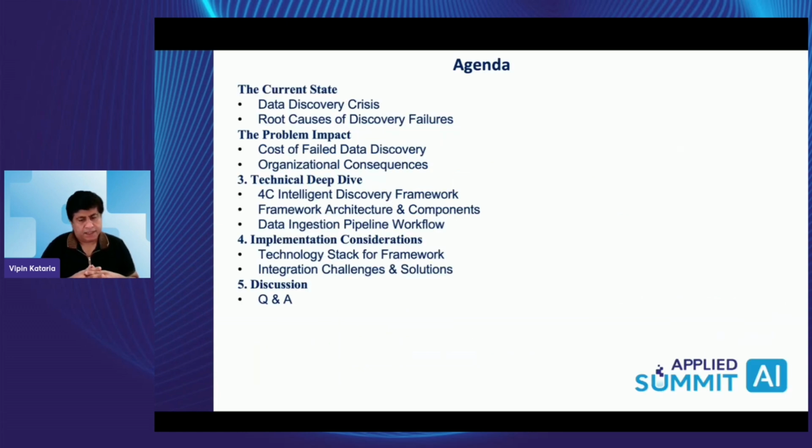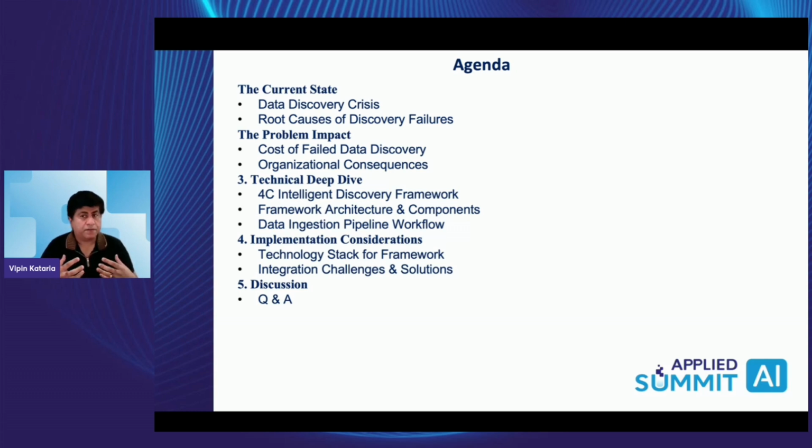So let's go over the agenda. Over the next 20-25 minutes, I'll go from problem to solution space. We'll start the journey with the current state around the data discovery crisis and some of its root causes, followed by the problem impact, which covers some use cases around the cost of failing at data discovery. We'll go over the technical deep dive, which is all about the foundational pillars you need to build this framework.